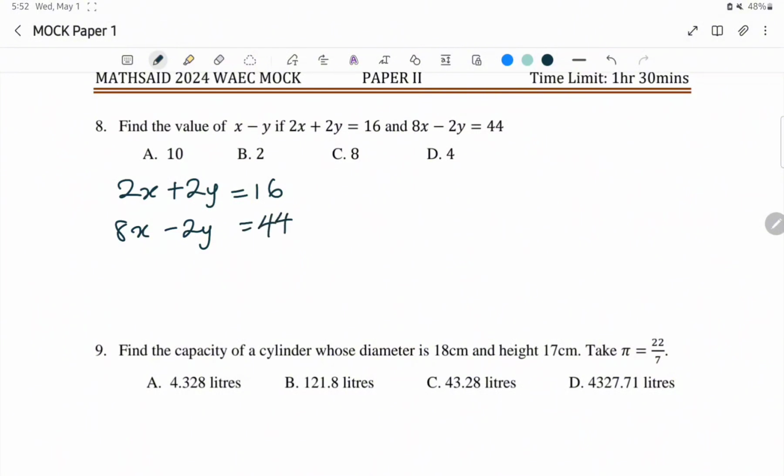I mentioned that it's a simple one because we can see that the coefficients of y are the same but have opposite signs. And when we have such cases, we simply add. Let's say, for example, you have plus 5x and minus 5x. You can easily eliminate because when you add these two, you are going to get 0.